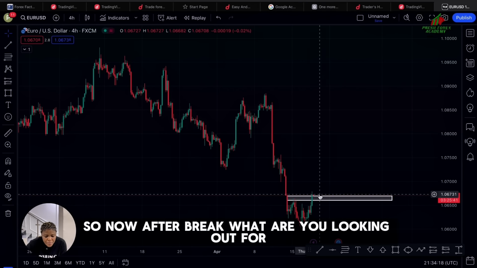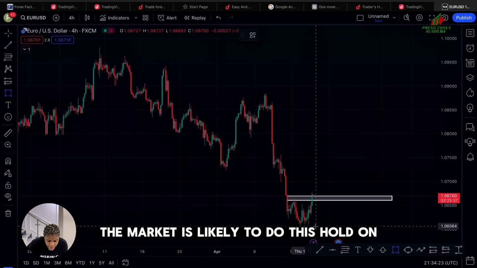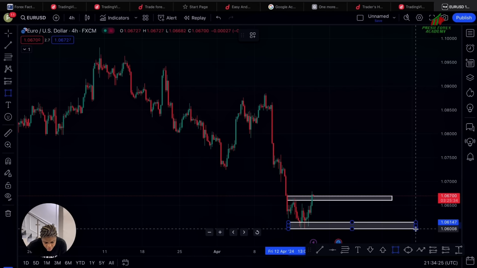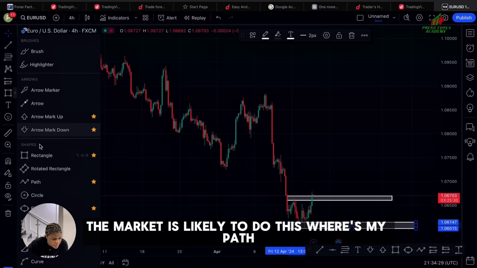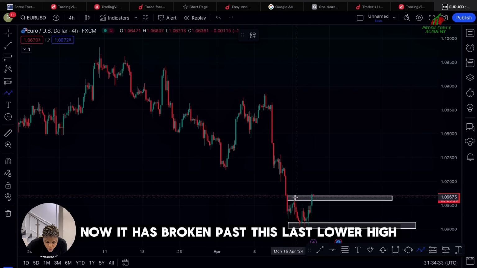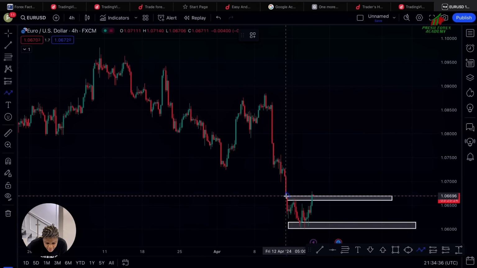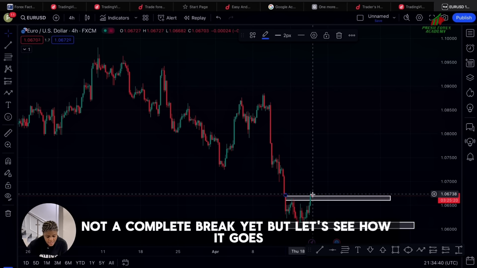So now, after the break, what are you looking out for? You are looking at the market is likely to do this. Hold on. The market is likely to do this. Where's my map? Now, it has broken past this last lower high. Not a complete break yet, but let's see how it goes.